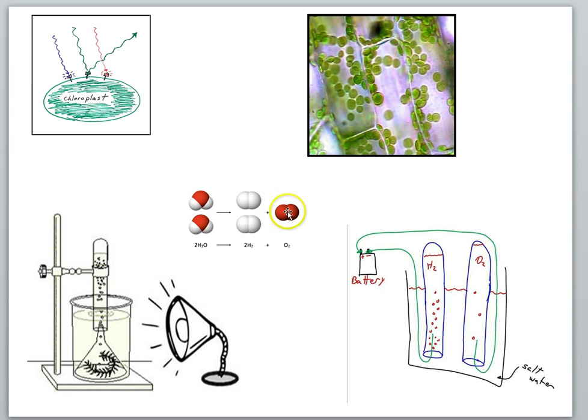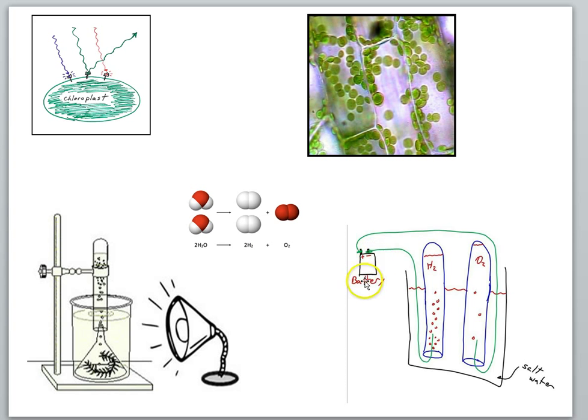Oxygen atoms chemically combine to form a molecule of oxygen, and this is the oxygen that's liberated during the process of photosynthesis. The hydrogens, here we see these hydrogen atoms uniting to form hydrogen gas, molecular hydrogen, but in photosynthesis these hydrogens are ultimately going to be used to build glucose.